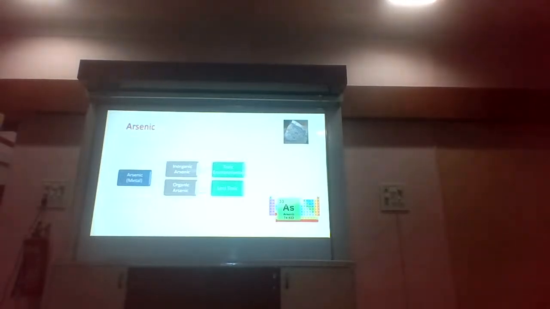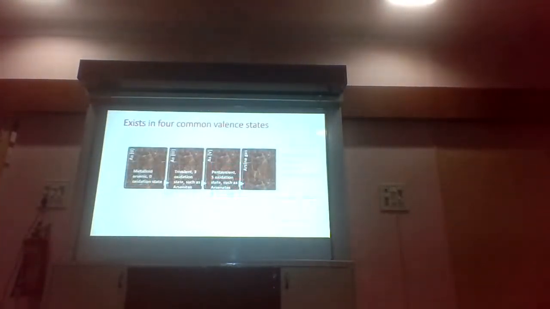First of all, what is arsenic? Arsenic is a metalloid which is regulated, and it occurs naturally in minerals found everywhere in the environment. Among organic and inorganic arsenic, there are different oxidation states, including arsenic 3.